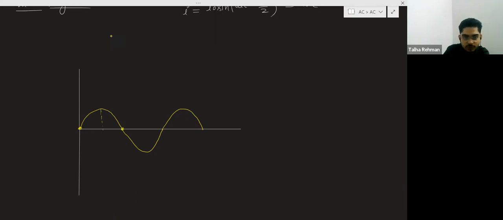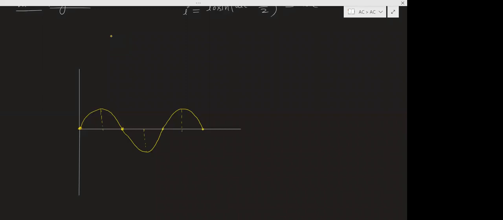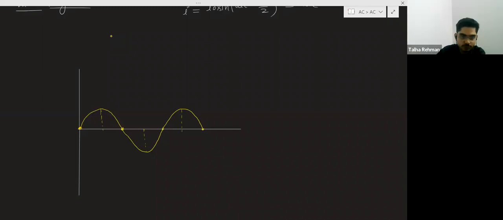Here is 0. Here will be maximum in the negative direction. Here is 0. Here is again maximum. Here is again 0.